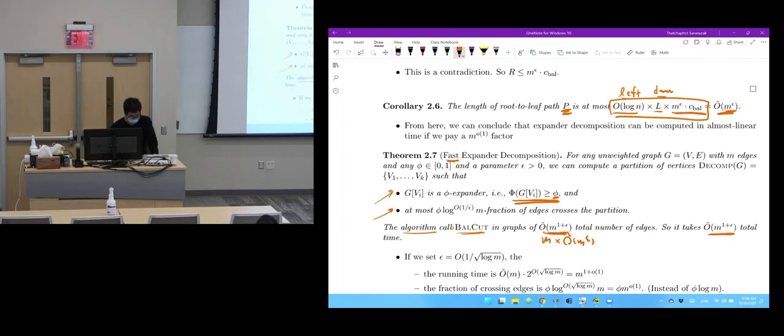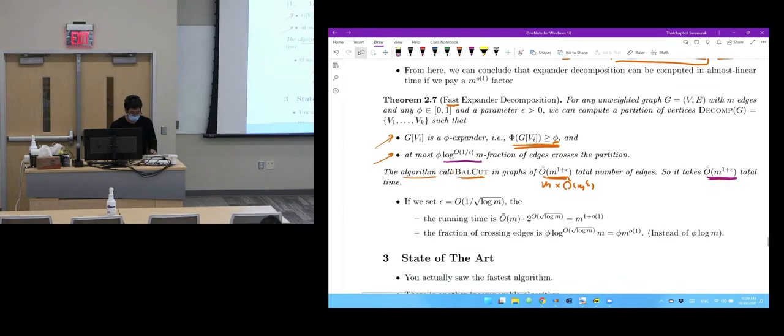Yeah. So if you set epsilon to be a constant, then this is going to be polylog, and this is almost linear, but it's slower than linear by a polynomial factor. But you can always trade this off. Let's say we set epsilon to be actually smaller than a constant.